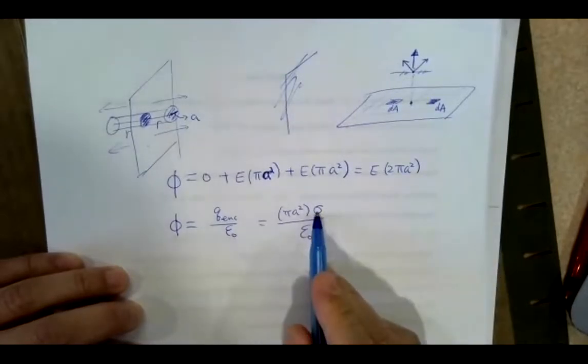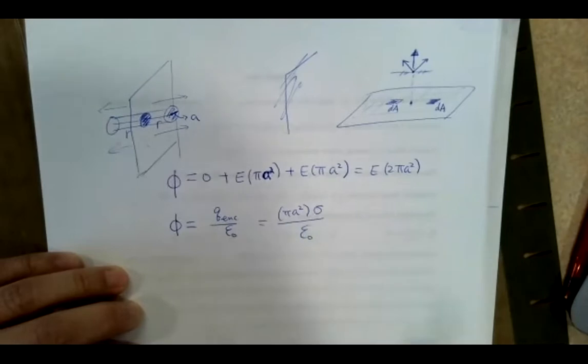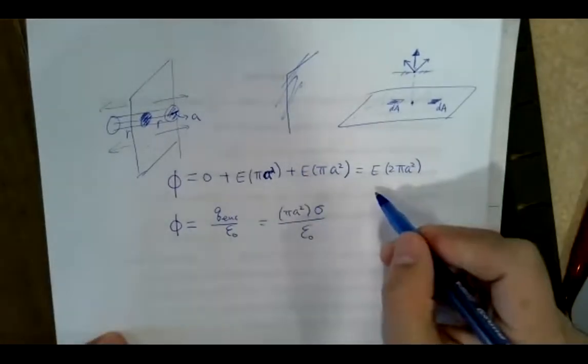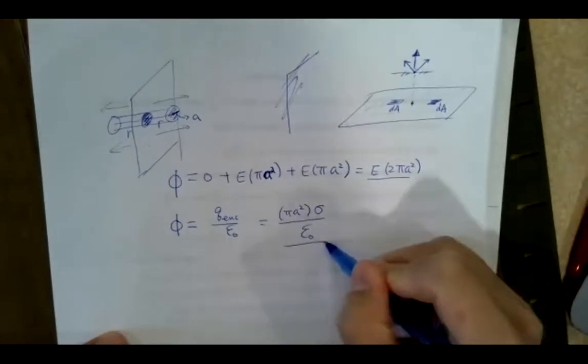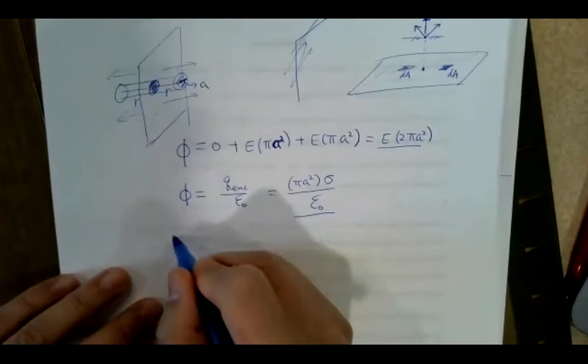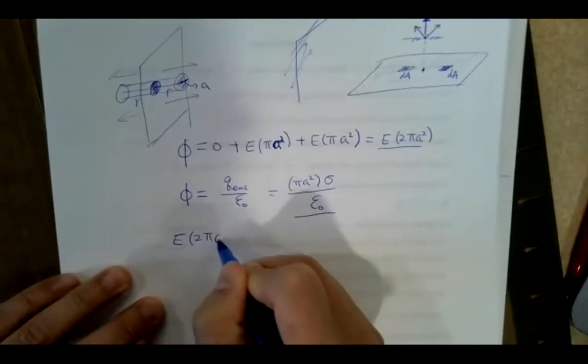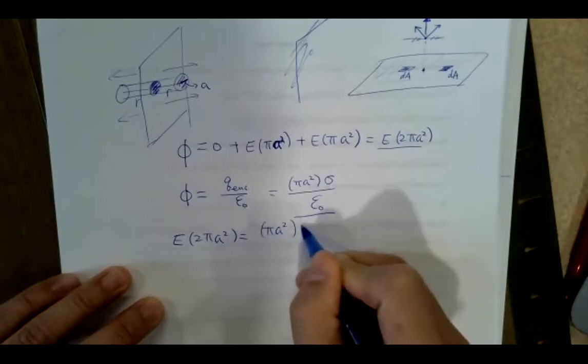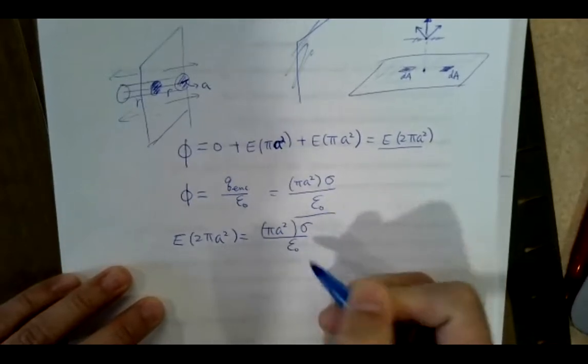Surface charge density times surface area gives you the charge. Then you set this equal to that one, because they are both flux. So E times 2 pi A squared is equal to pi A squared times sigma over epsilon naught.